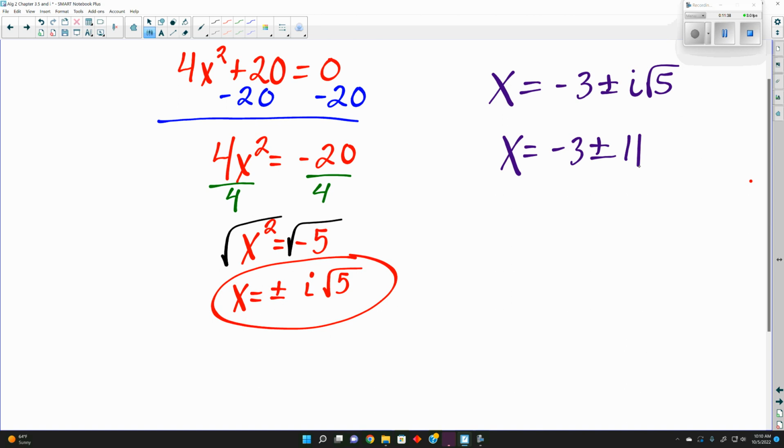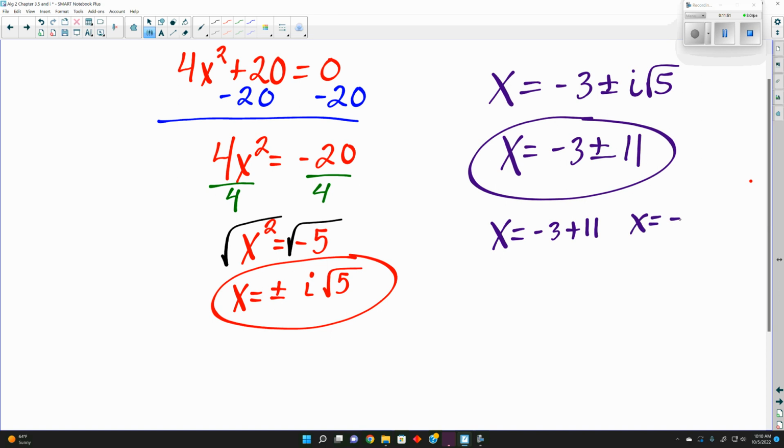If we get to a point in solving where we get something like this where we can actually add and subtract them, we would have x equals negative 3 plus 11, and x is equal to negative 3 minus 11. So here x is equal to 8, and here x is equal to negative 14. We want to go all the way down to the end. Does that make sense? But if we end up with something like this here, we don't even need i.